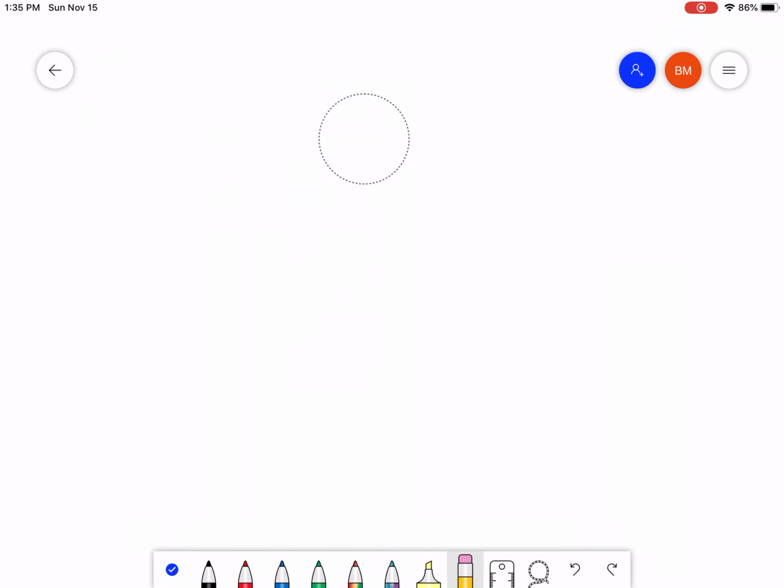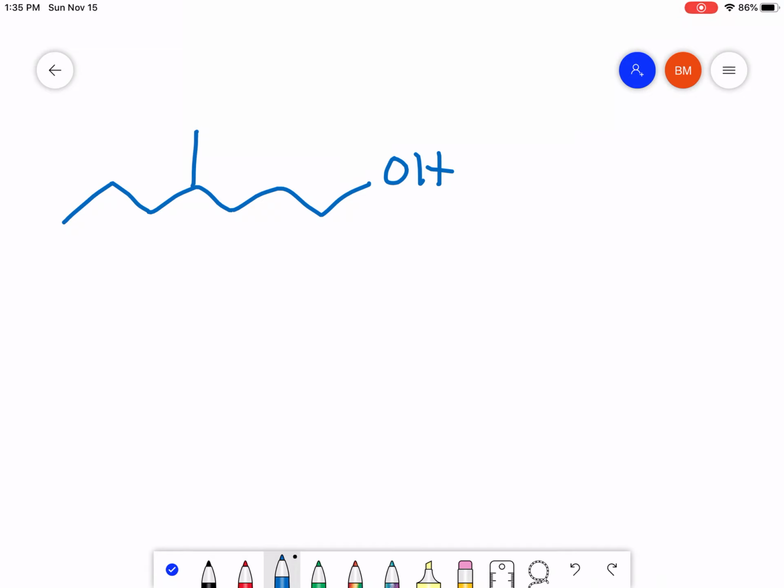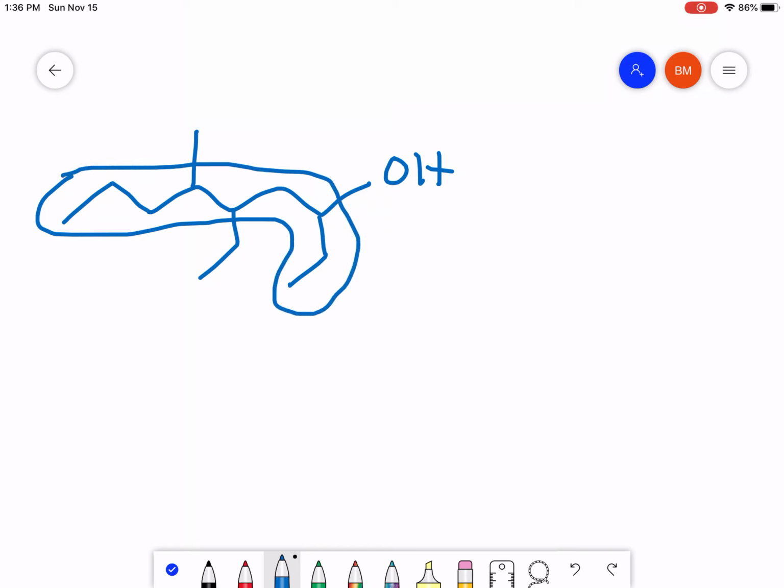Let's try another one. If we're looking for the longest carbon chain with our OH, I think you'll find that it actually goes this way.